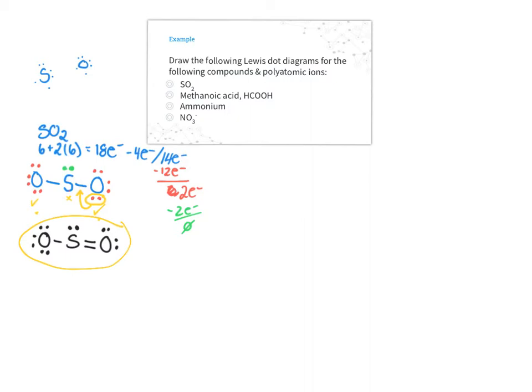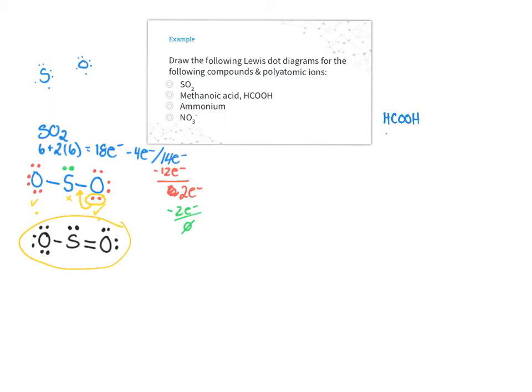Okay, we're going to try methanoic acid next. So these are all a little bit of examples that I wanted to go through because there's something happening in each of them. So let's count our total number of valence electrons over here for methanoic acid, HCOOH.